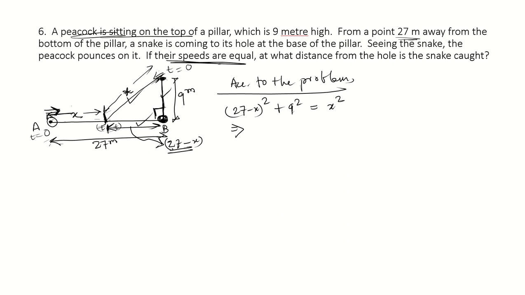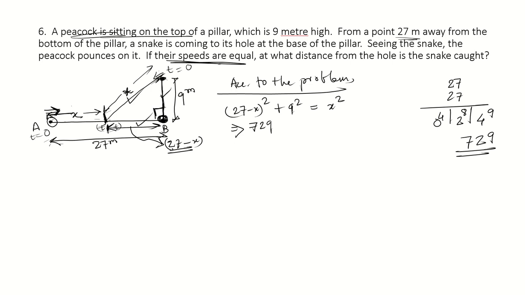So if we solve this, let's see what we get when we multiply 27 by 27. We get 729.